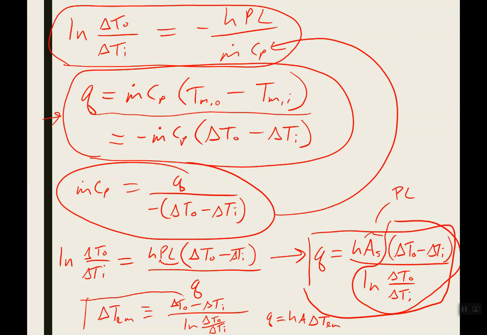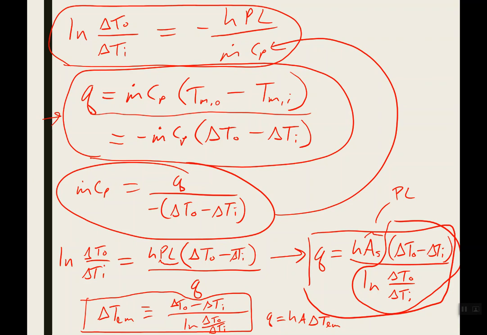What were the assumptions we used again to derive that? So we assumed steady state. You basically have to assume either an average heat transfer coefficient or a constant heat transfer coefficient through the pipe. If you get a heat transfer coefficient that varies in a weird way, this won't quite work, because weird things will be happening as you go down the length of the pipe.